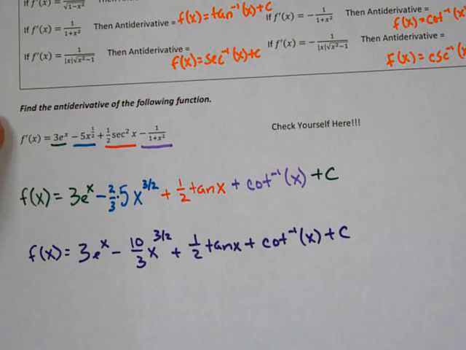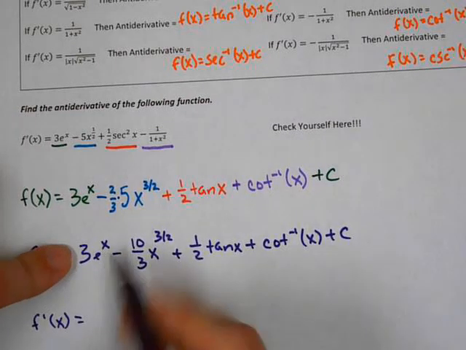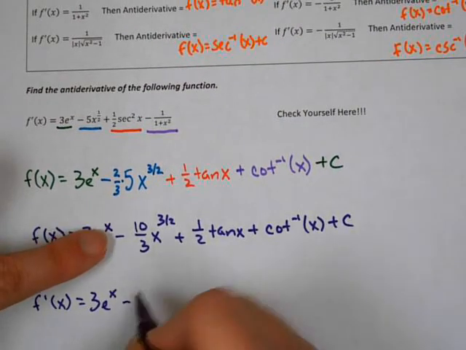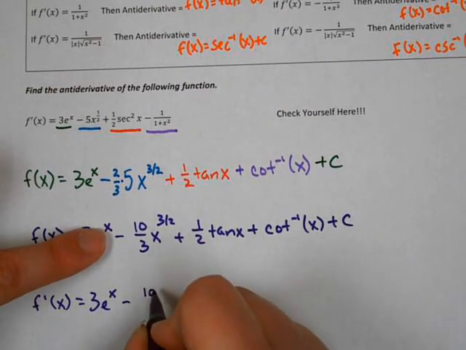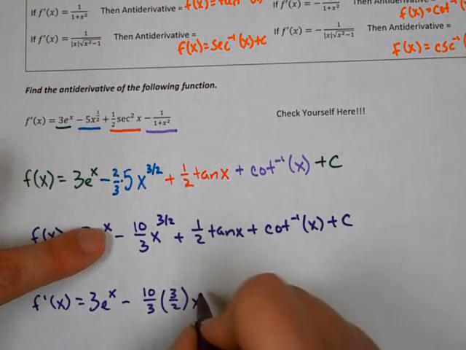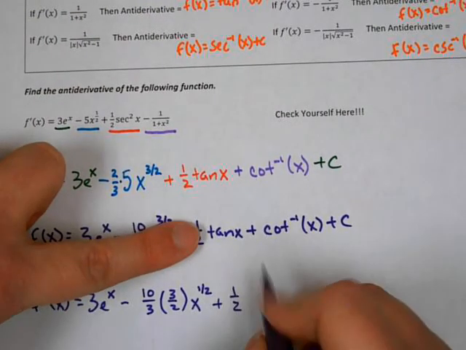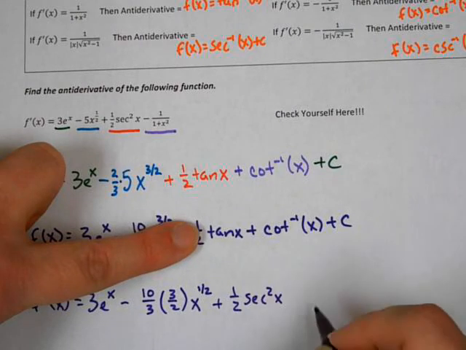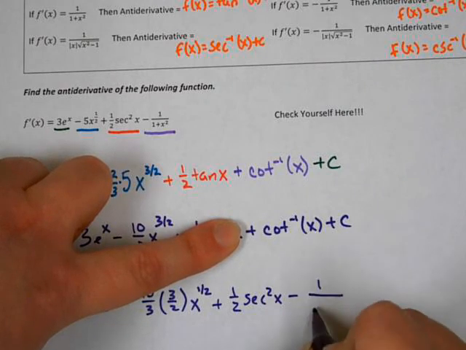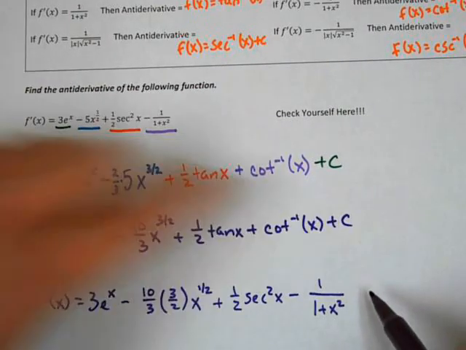Now let's go ahead and check ourselves by taking the derivative. So f prime of x is going to equal, well, 3e to the x, the derivative of that is just 3e to the x, minus, I'm going to drop my 3/2, so I have 10/3 times 3/2, x to the, if I want to subtract 1, I would get 1/2, plus 1/2, the derivative of tangent is secant squared of x, and then the derivative of cotangent inverse is going to be minus 1 over 1 plus x squared, and the derivative of a constant is 0, so I would have a plus 0 here.